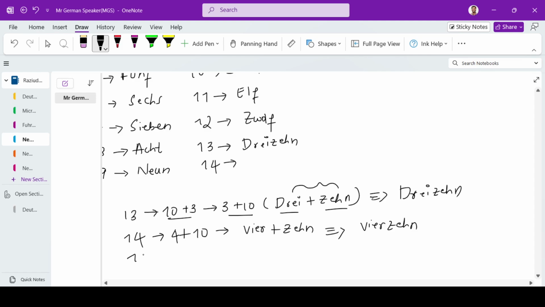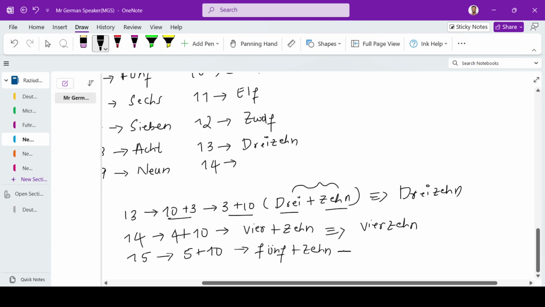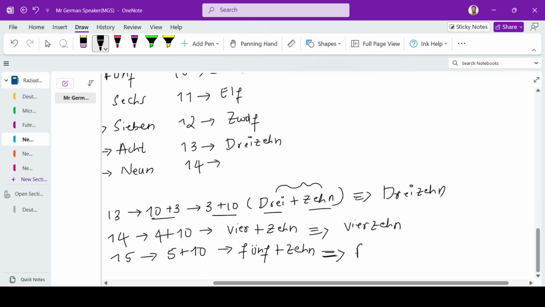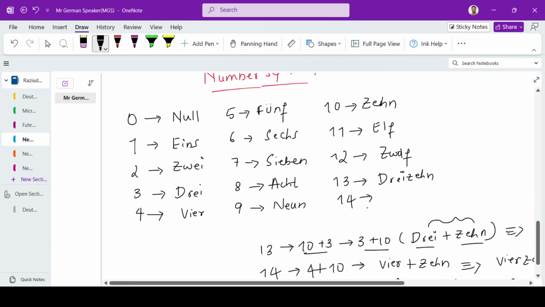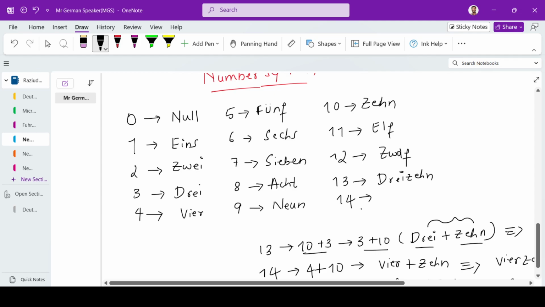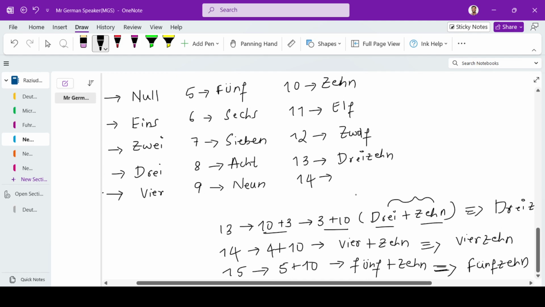I would like you to repeat this for 15: it will be 5 plus 10, and this will become 15. You can use the same pattern to write up to any number, but we will see some more changes in the upcoming number system, when you start writing 20, 21, 22, which is slightly different. For now, let's continue our number system.